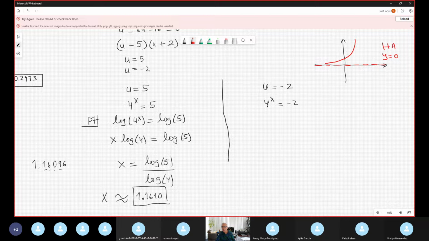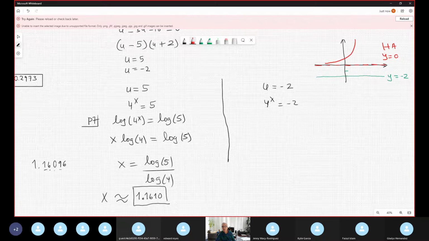An exponential function is never negative. And negative 2 is down here. So this horizontal line, y equals negative 2, is never equal to the exponential function 4 to the x, because they do not intersect. So you understand that we have no solution.